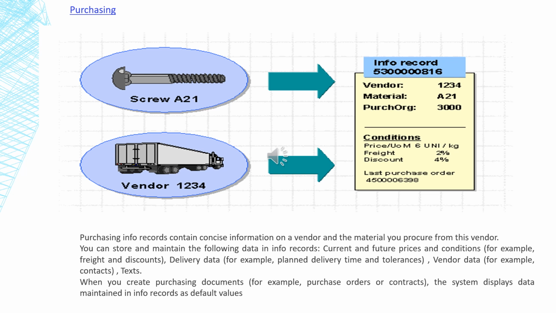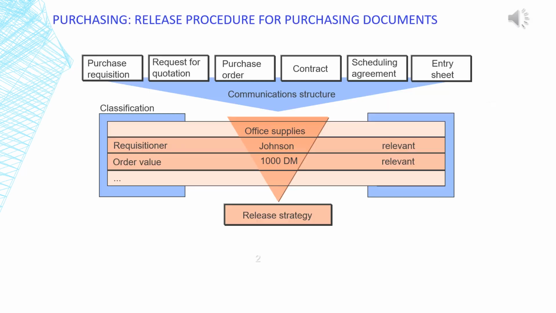The purchasing info record is one of the key components in material management. Purchasing info records contain concise information on the vendor and the material you procure from the vendor. We can also store details, for example delivery date, freight, discount and other things, in the purchasing info record.